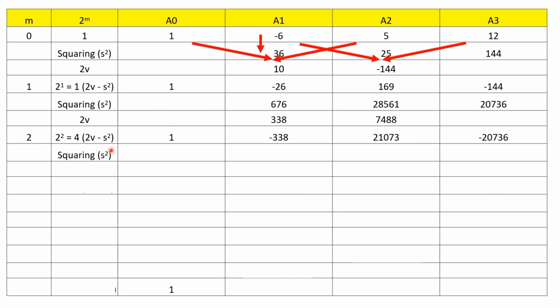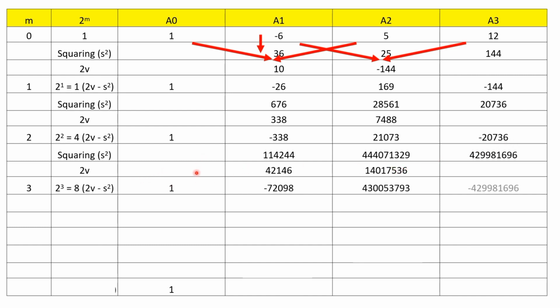Then, repeating the same process, squaring, and then 2v again: 1 times 21,073 times 2, then negative 338 times negative 20,736 times 2. Then for the third iteration, here we go.